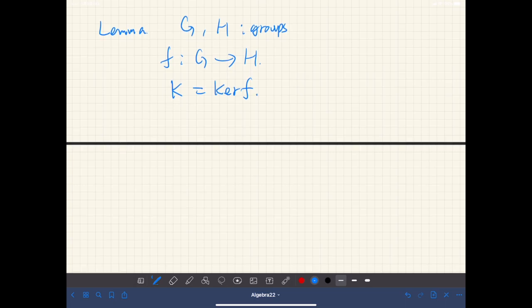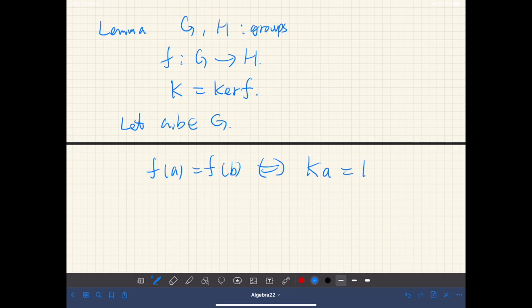Then let A and B be any elements of G. Then we have F of A is equal to F of B if and only if the cosets of K are the same. Okay, Ka and Kb are the same.